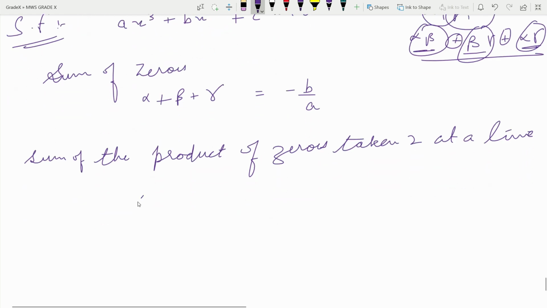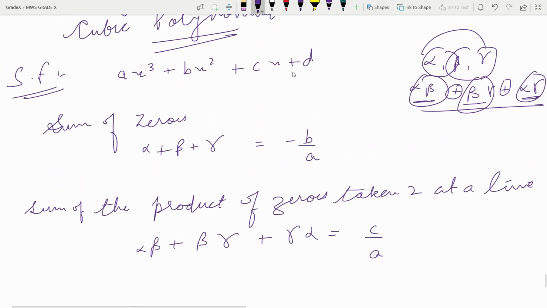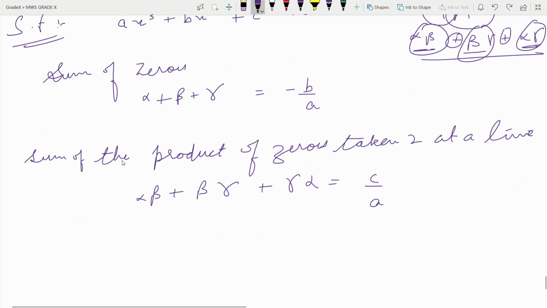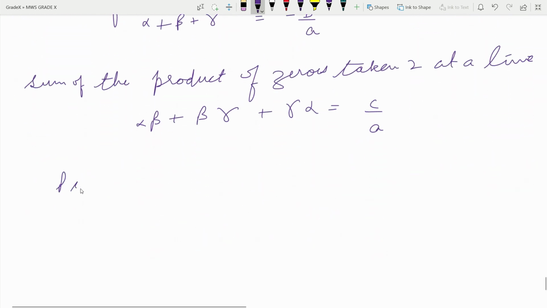Okay, so it is alpha beta plus beta gamma plus gamma alpha is equal to c upon a. C means coefficient of x and a means coefficient of x cube. Then the last is the product of zeros.